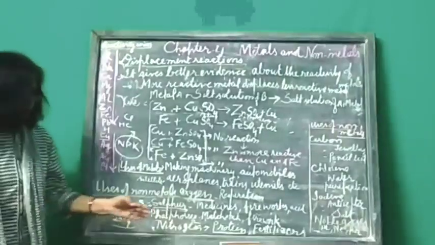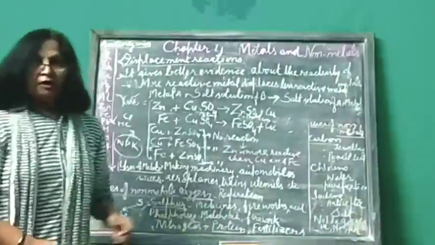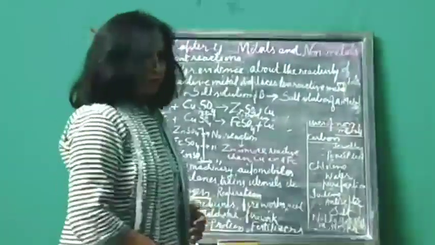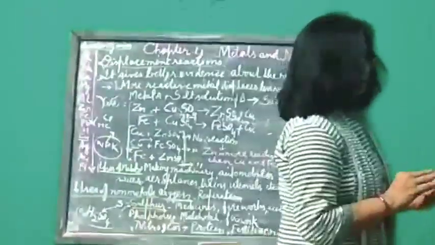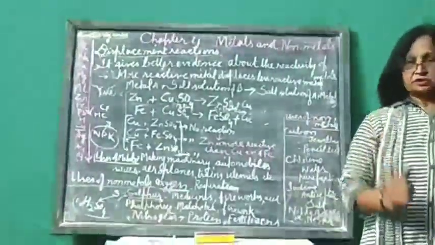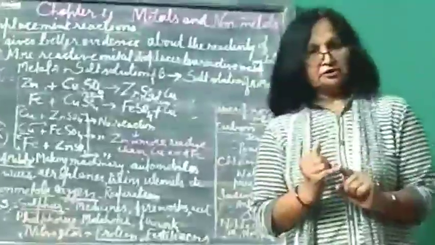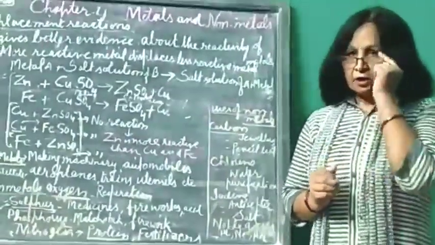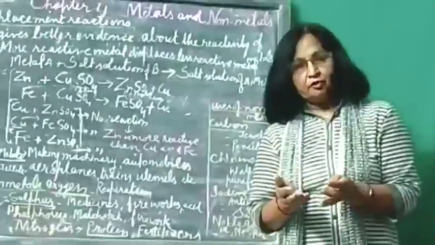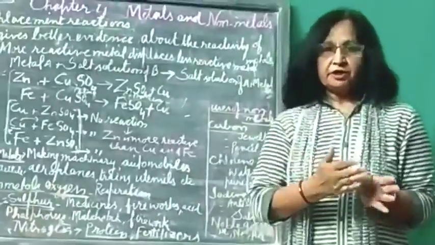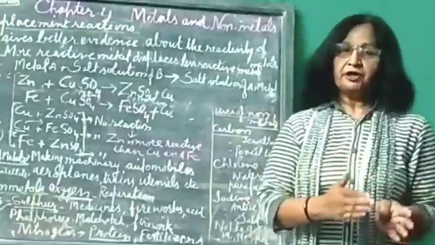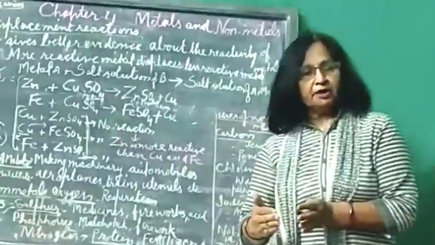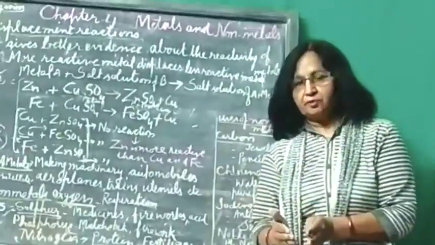I think you have understood the uses of non-metals. Just now I am recalling what I have taught in this lesson. First, we discussed the physical properties of metals and non-metals. In the second video, I gave a comparison, the differences between metals and non-metals on the basis of their physical properties.